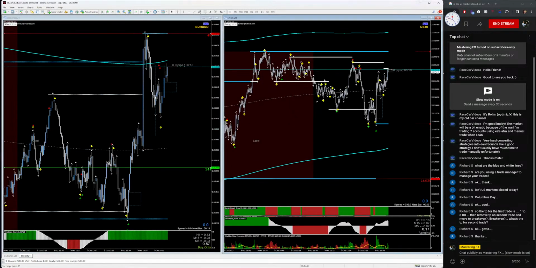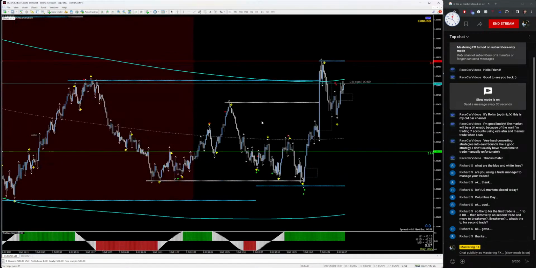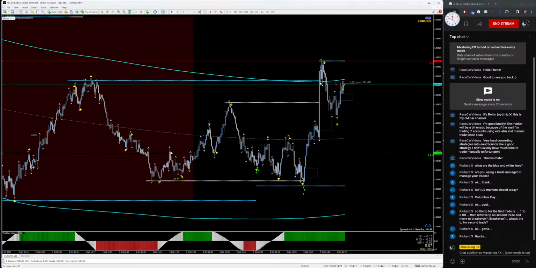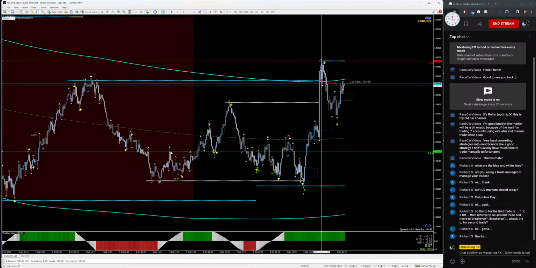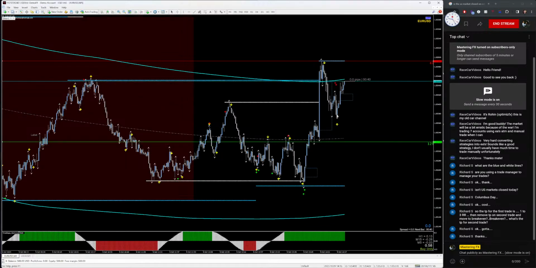And now let's see if we get an entry on Euro USD, if it just comes back, or if it actually takes liquidity again. Let's make this a little bigger here. It did take that high, and it did come out of the band, so that's very good. This was not a valid entry yet, and now we see why.